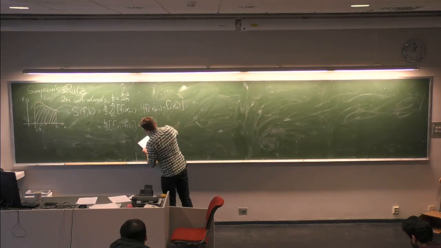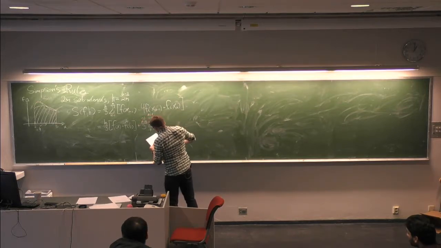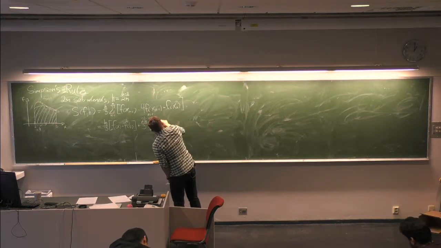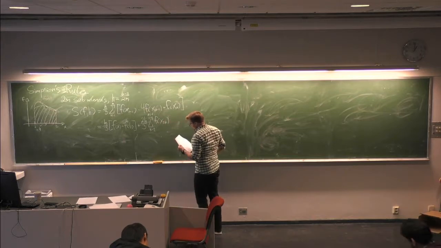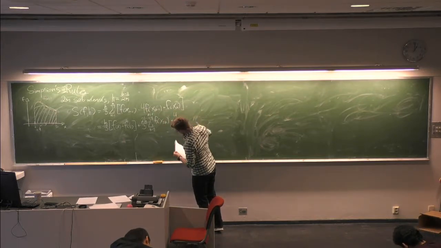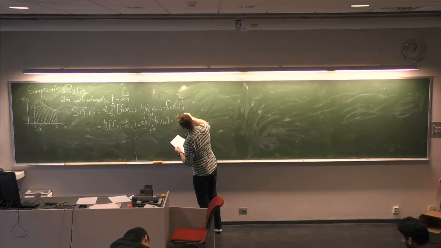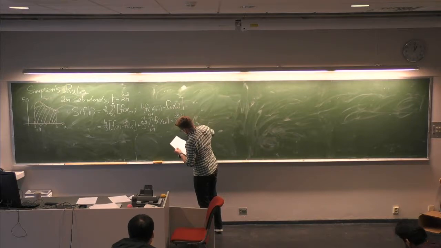I have to use notes for this, but getting everything correct is difficult. Then f of x_2k for h over 3, and the sum.